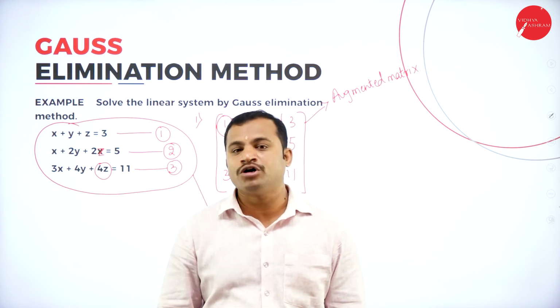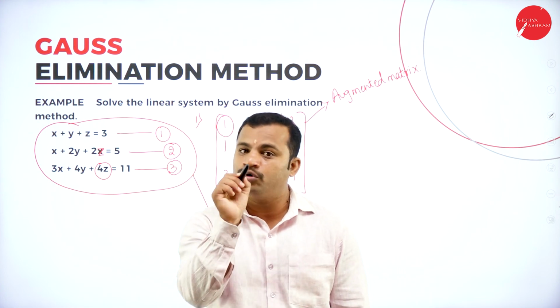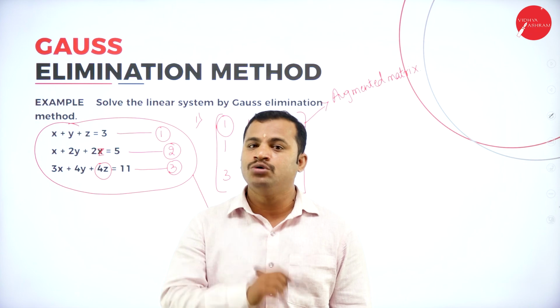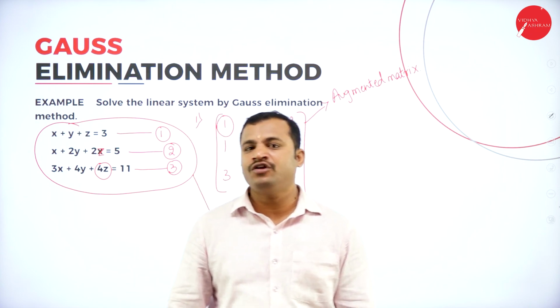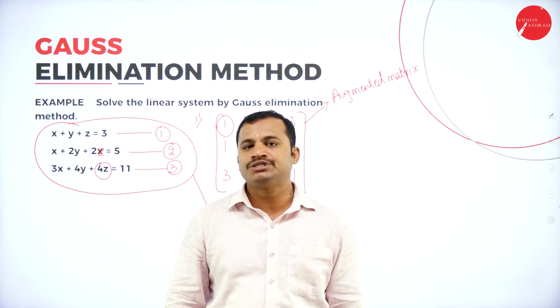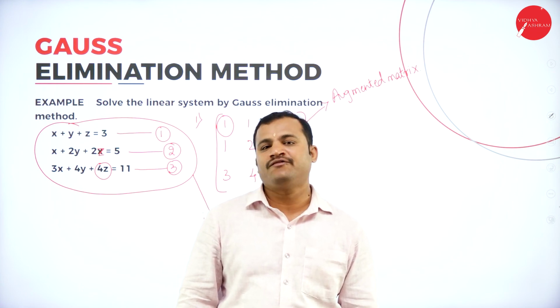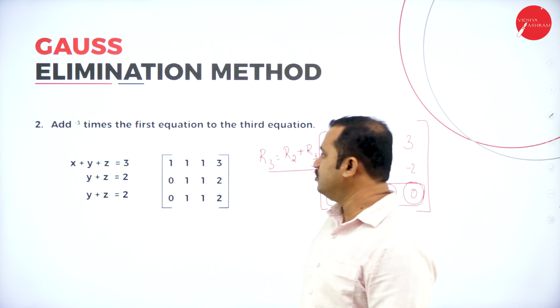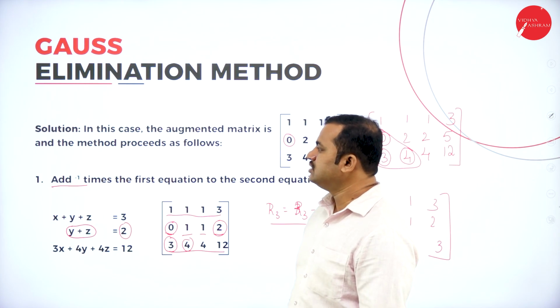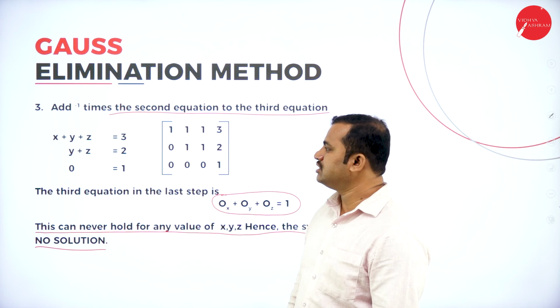There are other possibilities in which you will find solutions to the unknowns x, y and z. So you have to be careful when you solve the system of linear equations like this.